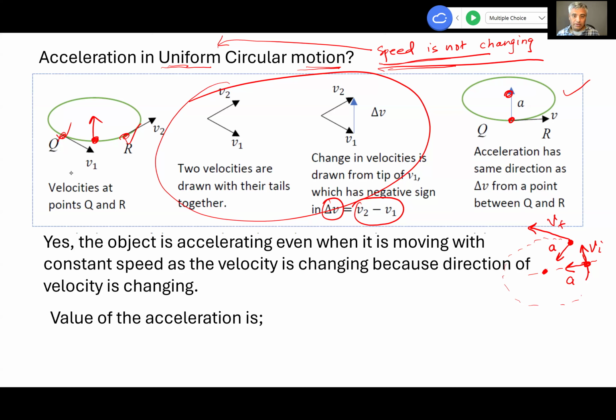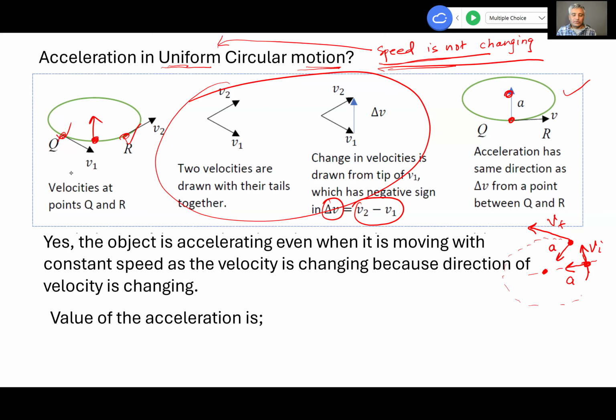to figure that out. So for example, let's say a pendulum is swinging. Let's suppose a pendulum is swinging. When it's going back and forth, see, it is moving in part of a circle. Okay. So it has acceleration. And the velocity is not the same everywhere in that part of the circle.